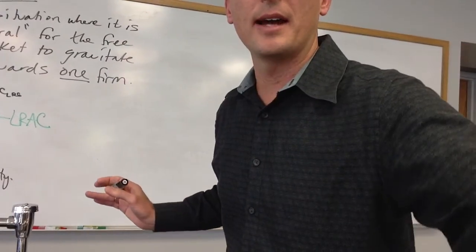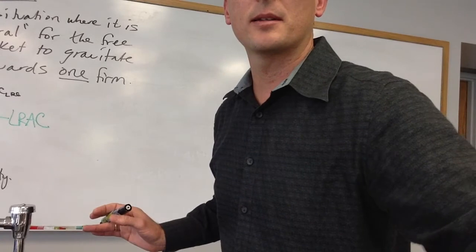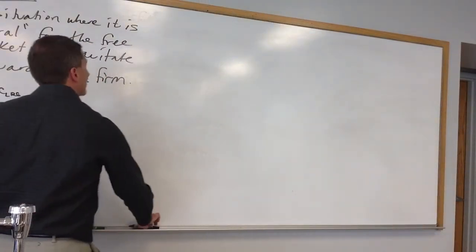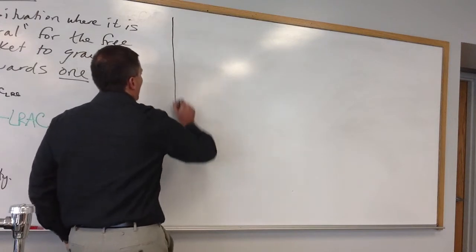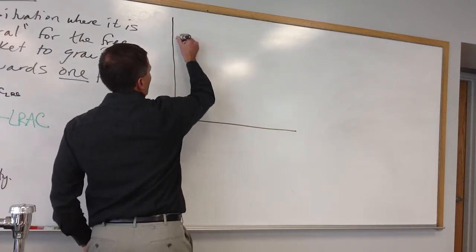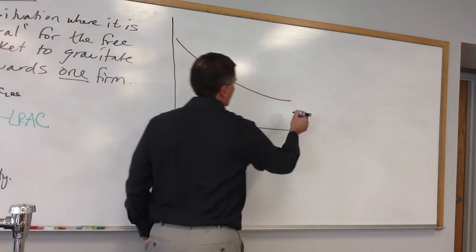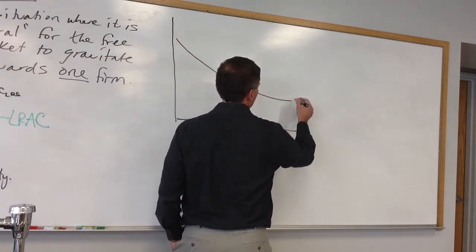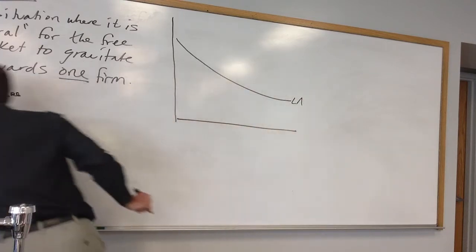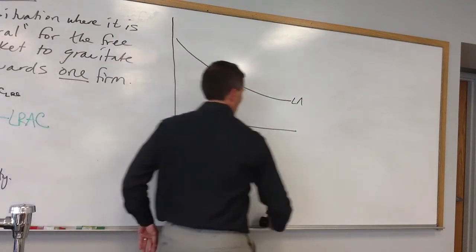All right, so let's redraw that and think about some of the consequences of regulation. So this time now, I just want to draw an average cost curve that looks like this. Long run.